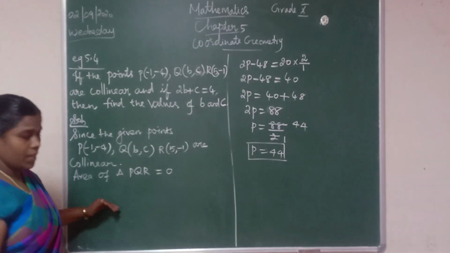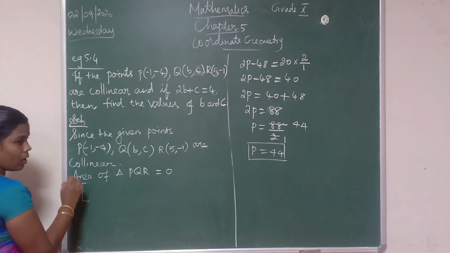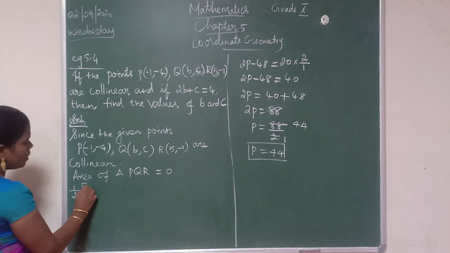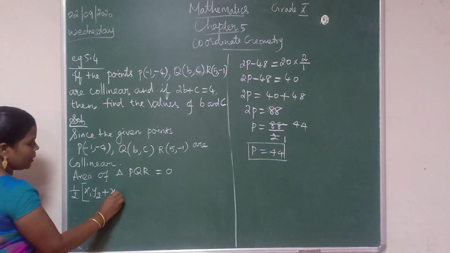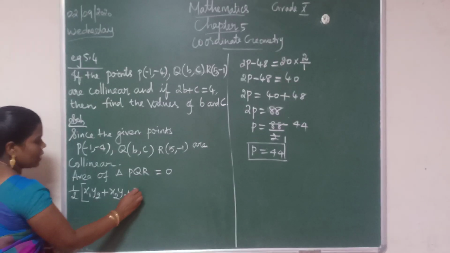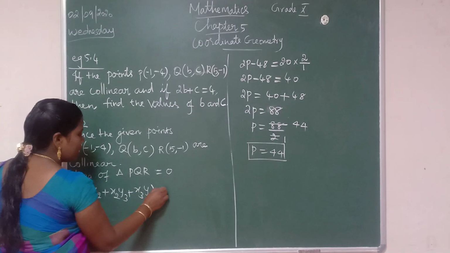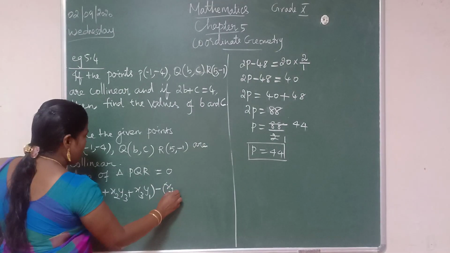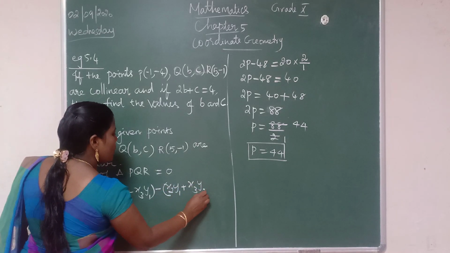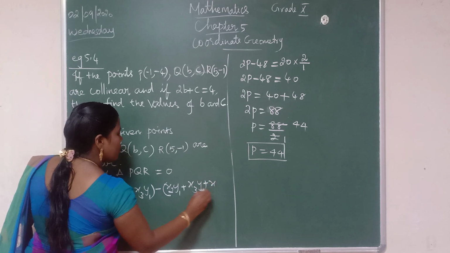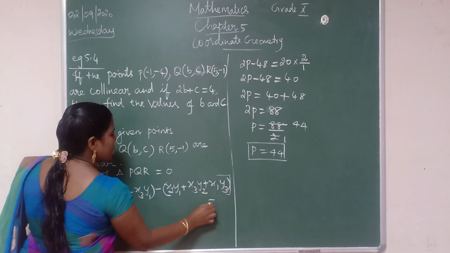Let's write the area of triangle formula. Say the formula. Half into, recall the formula, half into (x1 y2 plus x2 y3 plus x3 y1), close the bracket, minus the next bracket (x2 y1 plus x3 y2 plus x1 y3) is equal to 0.